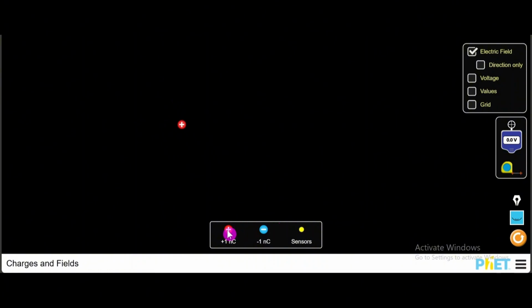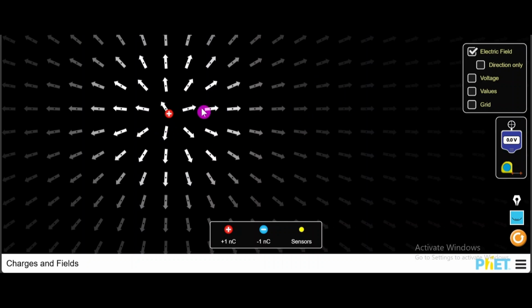As this is a single positive charge, there are electric field lines originating from this positive charge, and this is a vector field. This vector has direction and magnitude, so I am going to label that.